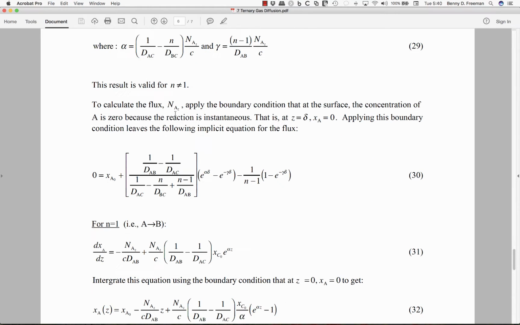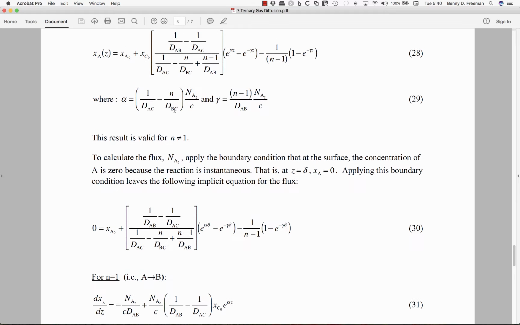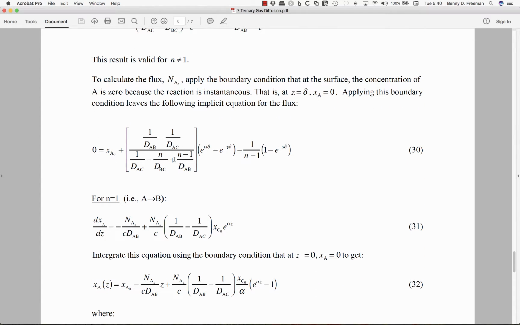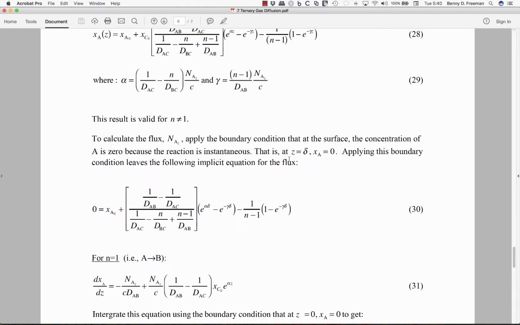So we calculate the flux by applying the boundary condition that at the catalytic surface the reaction is instantaneously fast, that is at z equal to delta, xa is equal to 0. And so if we apply that boundary condition, we get essentially an implicit expression for the gas flux.